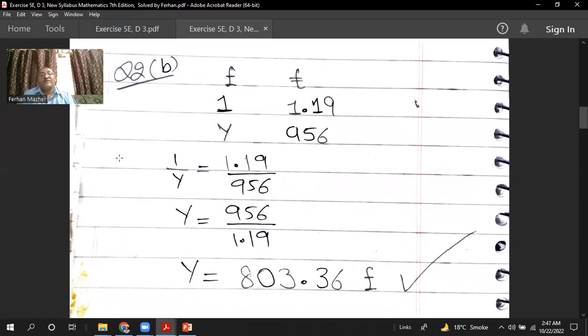If I have 956 euros, how many pounds will I get? I write those ratios as fractions: 1 by y is equal to 1.19 divided by 956. Cross multiply here. So y will be equal to 956 divided by 1.19, which is 803.36 sterling pounds. This is how you do question number 2, B part.